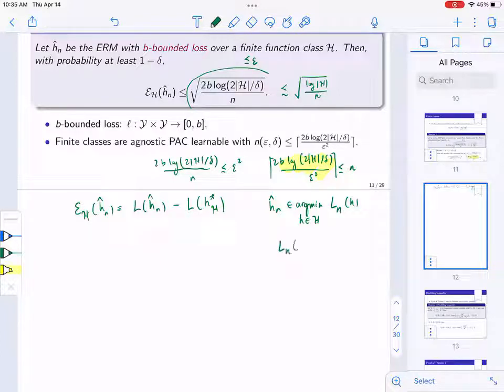So L n h hat n is less than or equal to L n h for any h in the class. In particular, h star is in the class. So the empirical loss of the ERM is going to be less than or equal to the empirical loss of the best in class. Right?